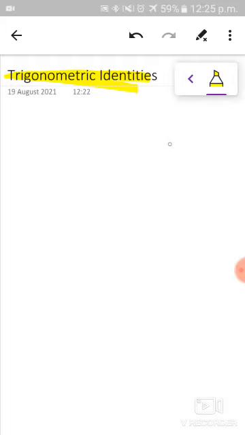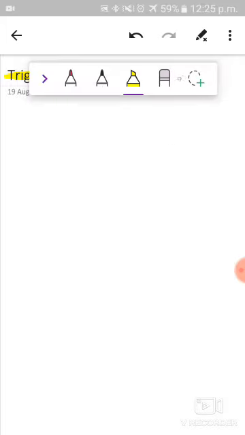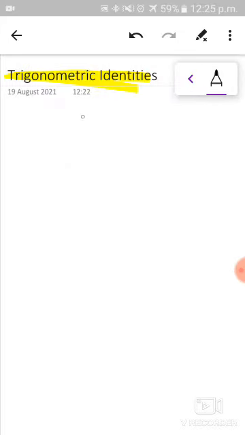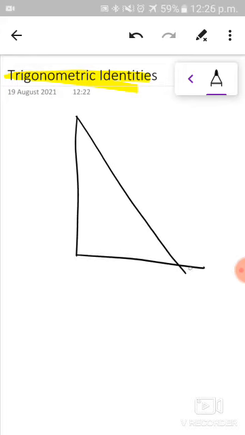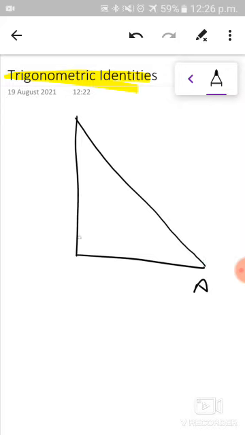Okay, now see, suppose I am having a right angle triangle. Suppose this is A, at B it is 90 degrees and this is C. Let me name angle A as theta.